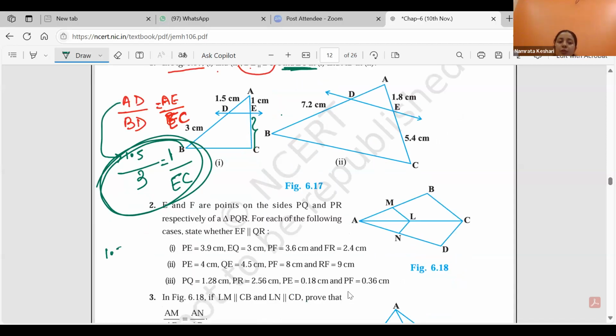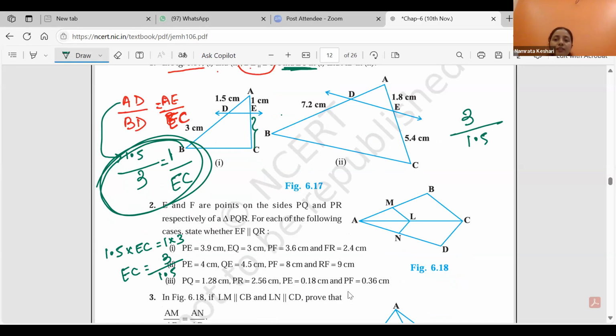It will be just 1.5 multiplied with EC is equal to 1 into 3, like this. 1 into 3 is 3 and EC will be 3 by 1.5. The rule of decimal says that if you want to remove the decimal from the denominator, 10 is required to remove the decimal.